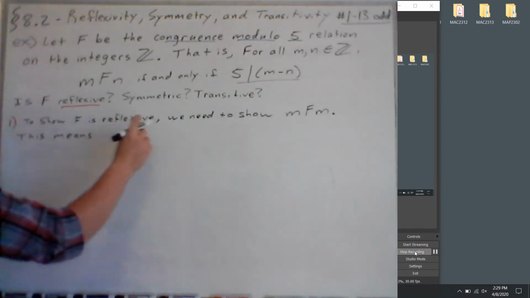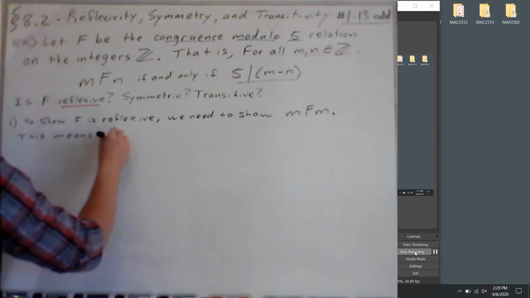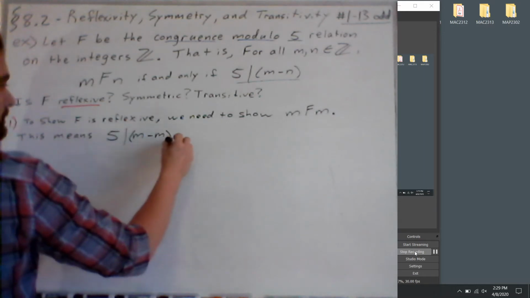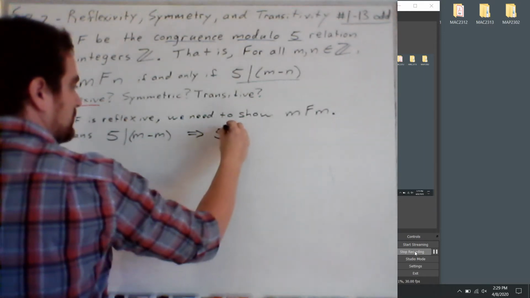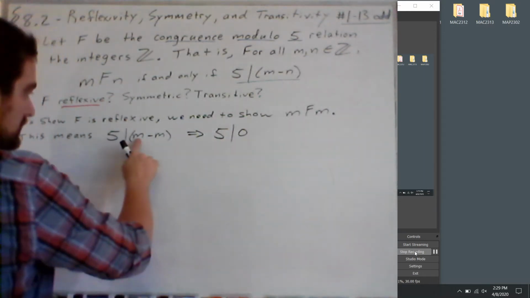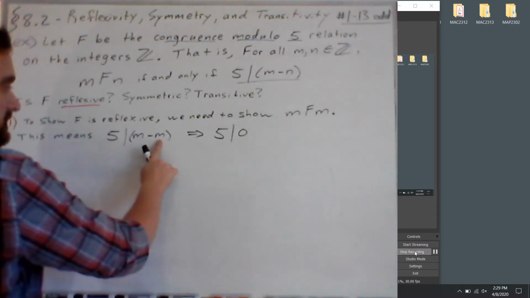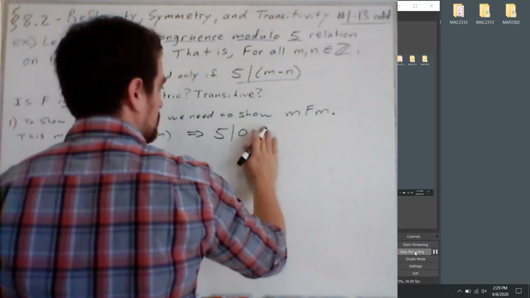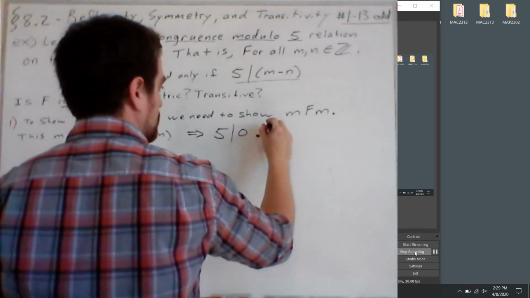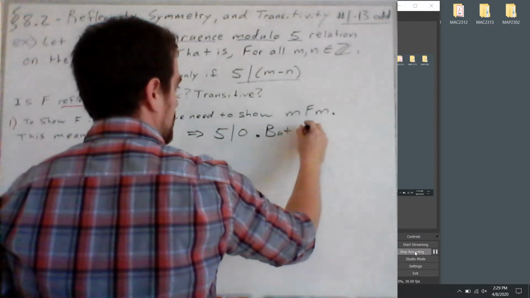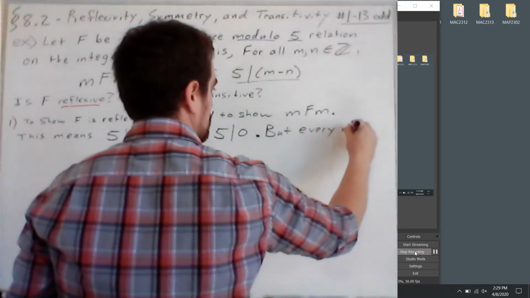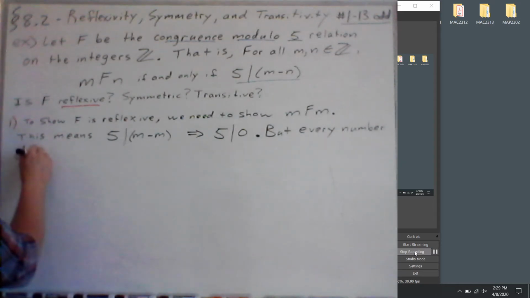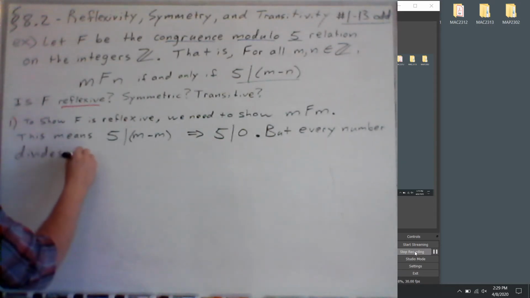So this relation means 5 divides m minus m, which implies 5 divides 0, right? Because m minus m is always going to be 0. It's the same element. But every number divides 0.